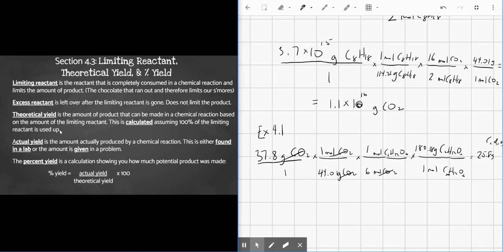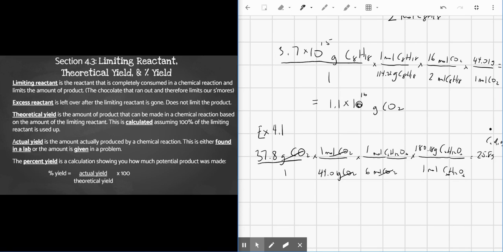Theoretical yield is the amount of product that can be made in a chemical reaction based on the amount of the limiting reactant. This is calculated, and it's assuming 100% of the limiting reactant is used up. So what we just calculated, how much glucose or how much carbon dioxide could be made, those are the theoretical yields. That would mean that every single octane was completely converted to carbon dioxide, or every single carbon dioxide that was there was converted into glucose.